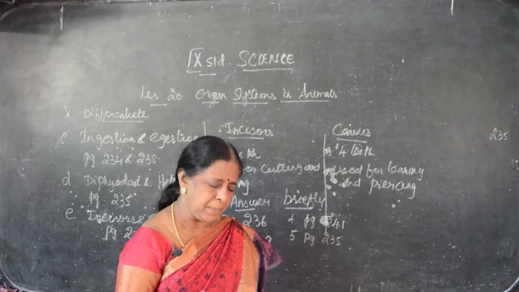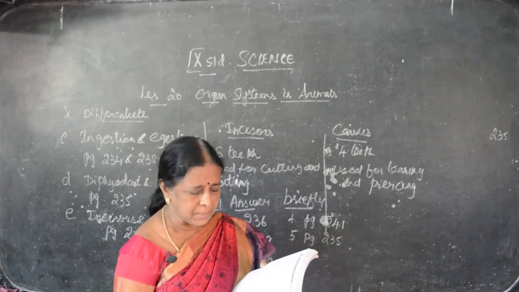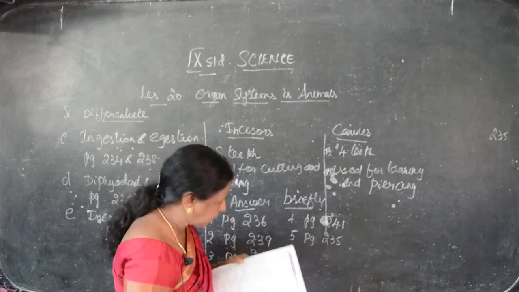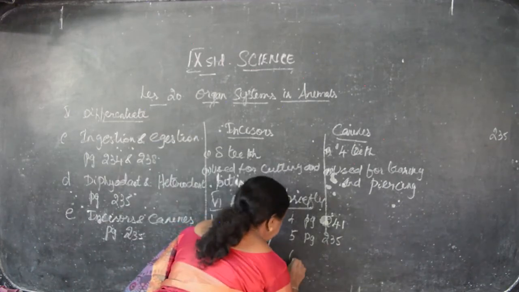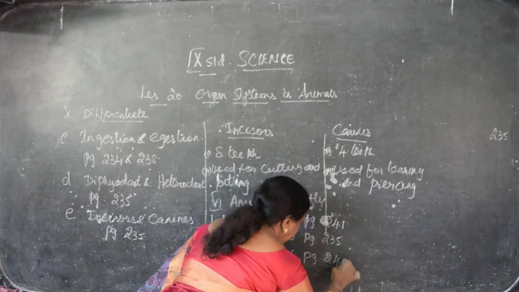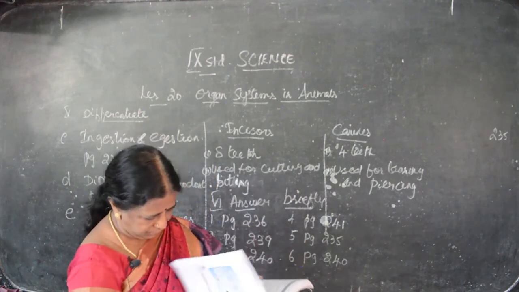And the last one, last short answer. Explain the structure of nephron. It's in page number 240.